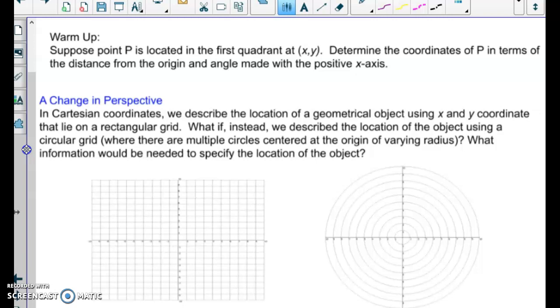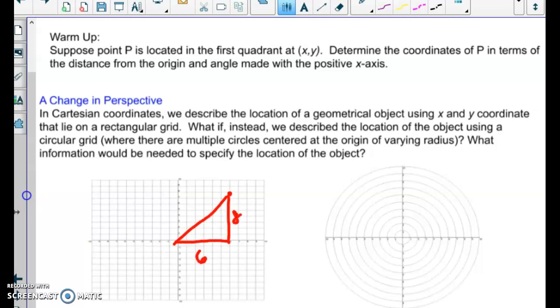Well, let's start with a simple example. If I graph the point 6, 8, going 1, 2, 3, 4, 5, 6 over and 1, 2, 3, 4, 5, 6, 7, 8 up, I have a point there.